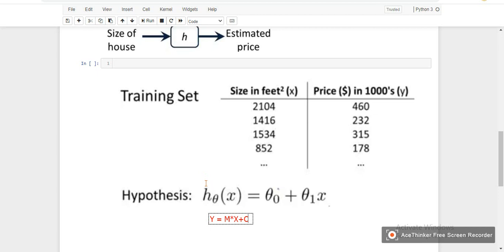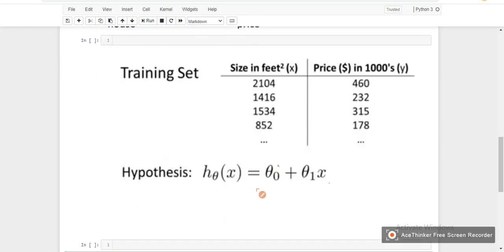Here the hypothesis is determined by h of x equals theta 0 plus theta 1 into x. This is exactly similar to the line equation y equals mx plus c. Here these are the parameters that determine the line equation.